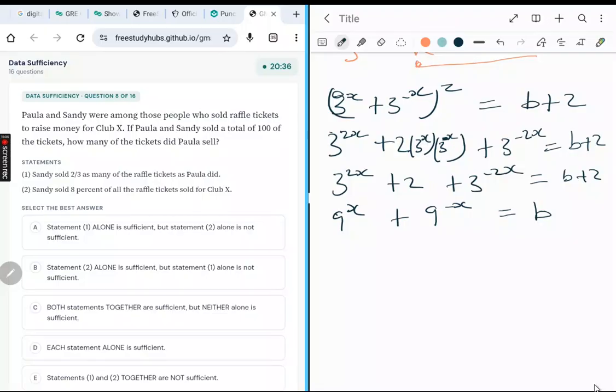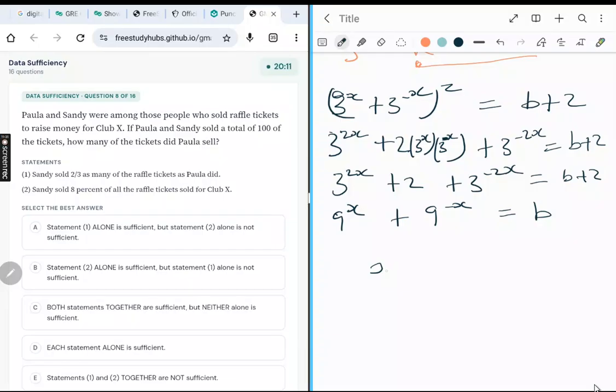Paula and Sandy were among those people who sold raffle tickets to raise money for Club S. If Paula and Sandy sold a total of 100 of the tickets, how many of the tickets did Paula sell? The first statement says that Sandy sold 2/3 as many of the raffle tickets as Paula.